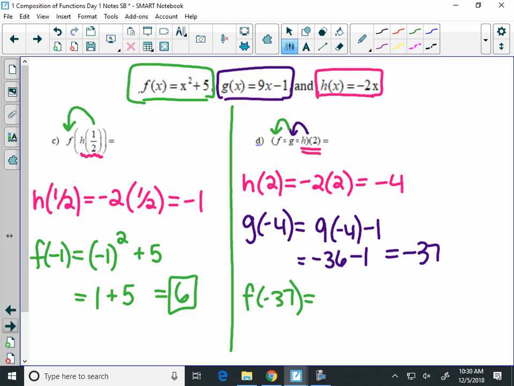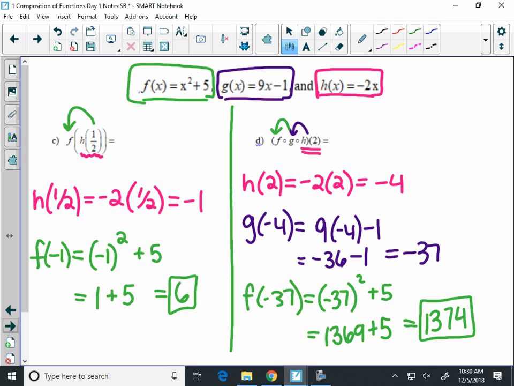This is our last step. Remember, our quantity goes in parentheses: negative 37 squared plus 5. Negative 37 squared is kind of a big number, 1,369, plus 5, which is 1,374. That is the value of that really long composition that we had to do 3 times.